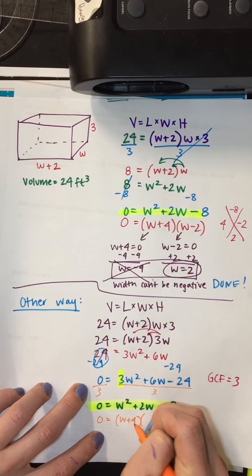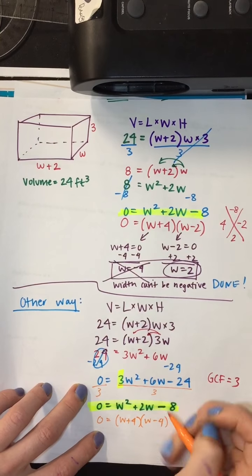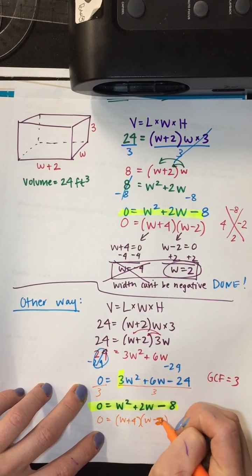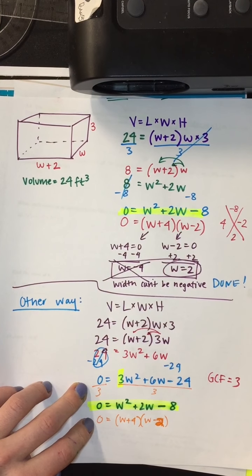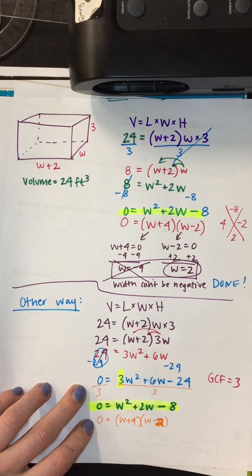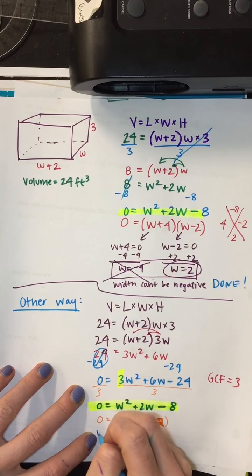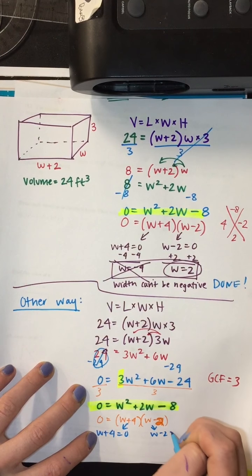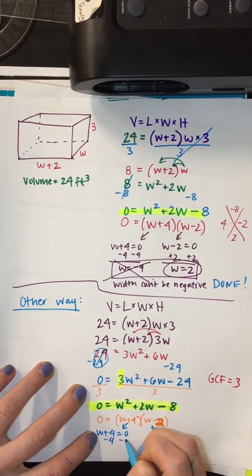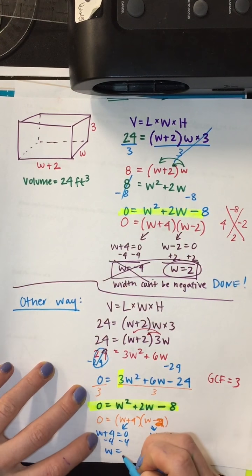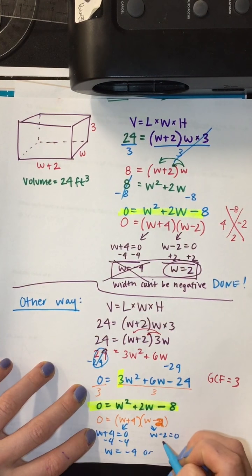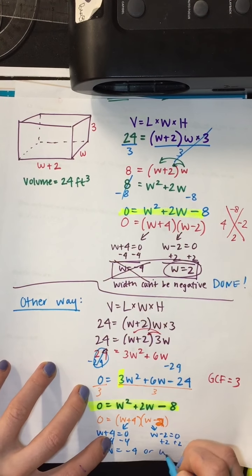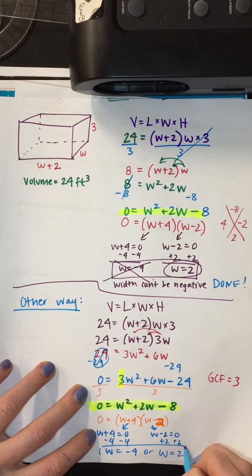W plus 4, W minus 4. Oops, I mean 2. I have my 2 equations. This is the same thing. W plus 4 is 0. W minus 2 is 0. So W equals negative 4, or W equals 2. And we're done.